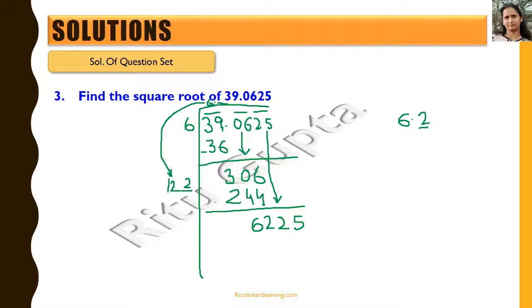Now we bring down this 25 also here, and again we bring the double of what we have in the quotient over here, which becomes 124.